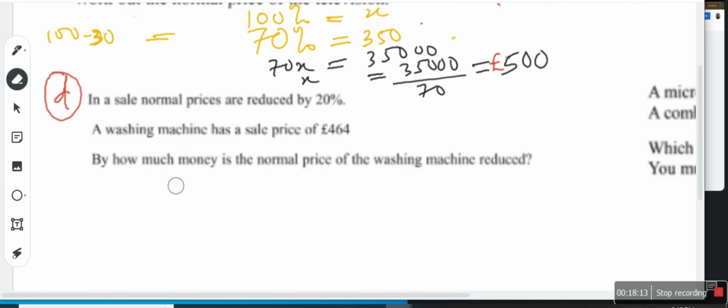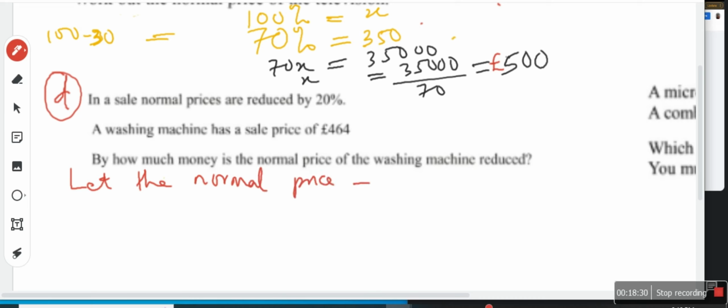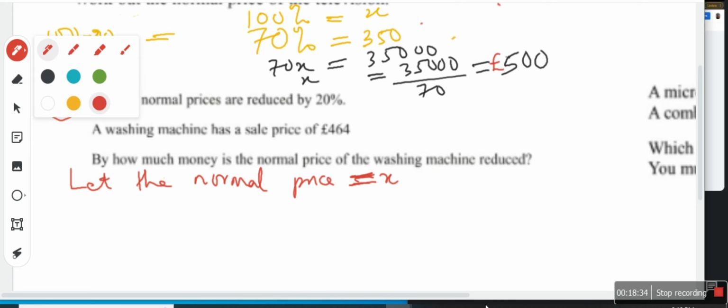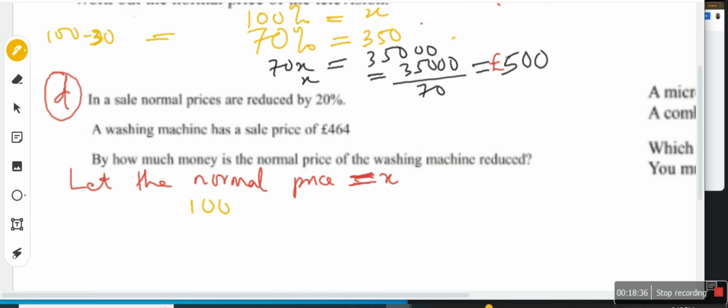I'm listening. Okay, you are saying let the normal price be X, which is the 100%. So 100% is equal to X.